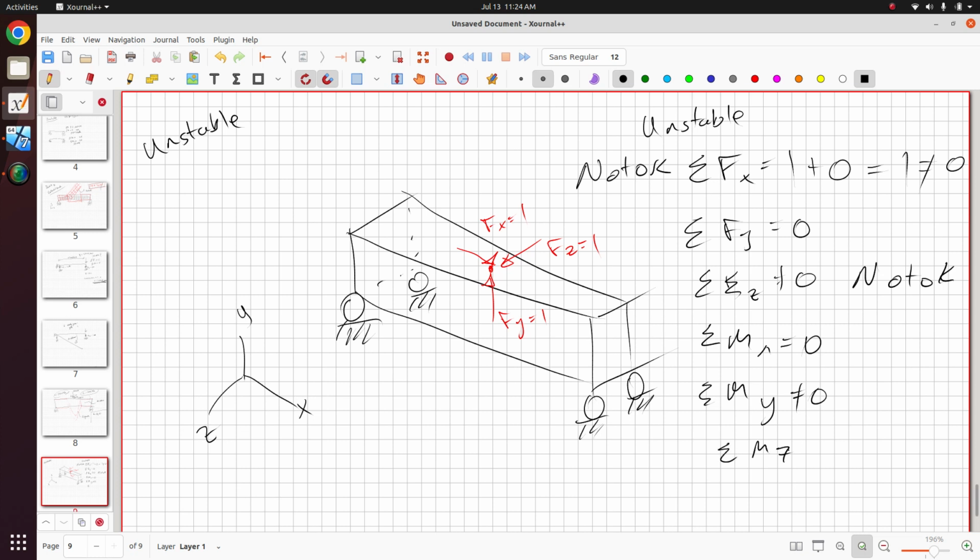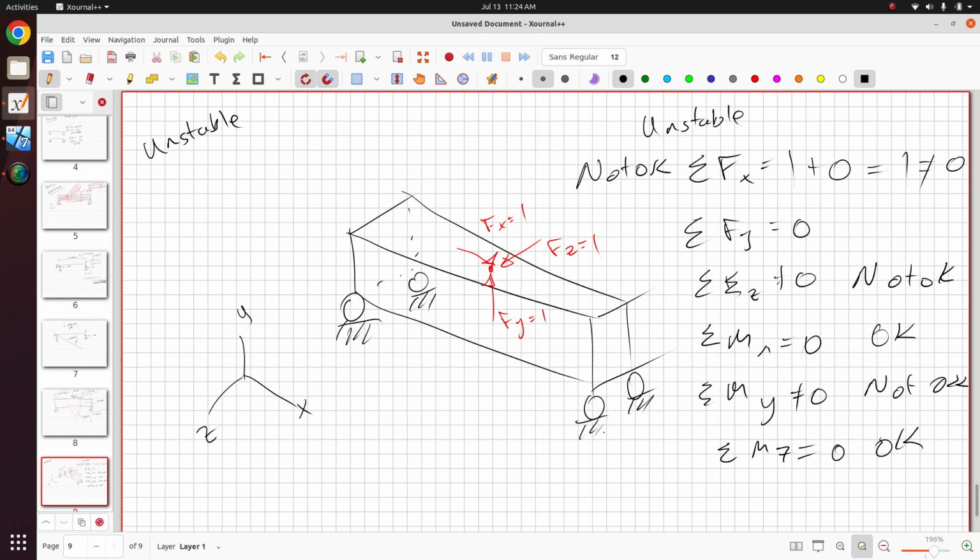You don't have to do this with a computer or MATLAB. This is all hand calculations at this point. So this is okay. This is not okay. And then this one. Okay, now there might be a mistake here, but I think you get the idea.